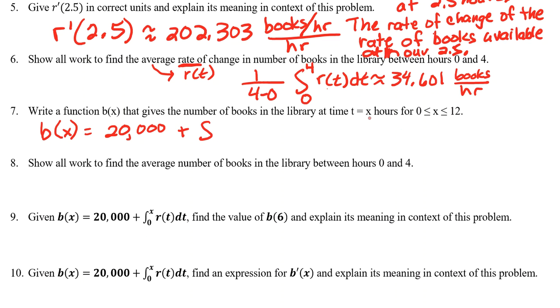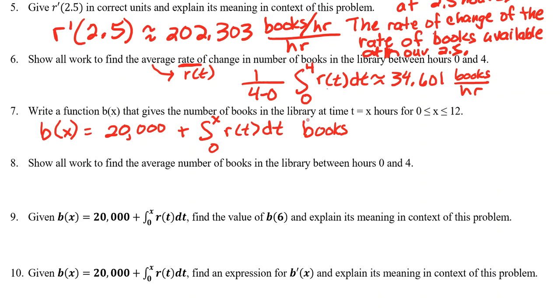And we want it to be our x starting at 0. So 0 to x of our r of t dt function. So it's our net change added on to our initial value. So b of x would give us the number of books available at any time.